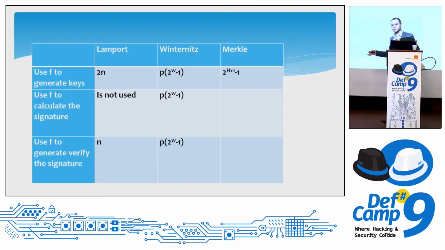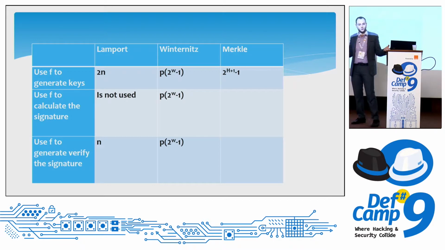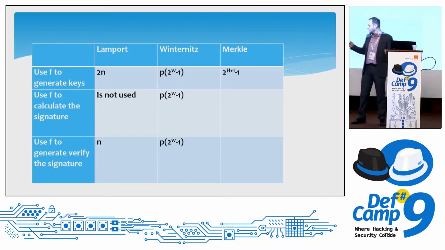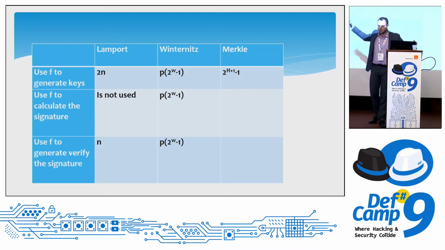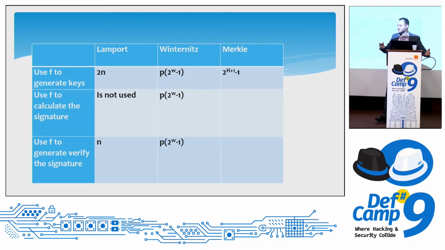As we said, in Merkle we use a one-time signature, yes? So, either this or this. So we must use the one-time function this number of times. And also, in Merkle, as you saw, we use the hash function a lot of times. We use it this number of times, where h is the height of the tree, yes?